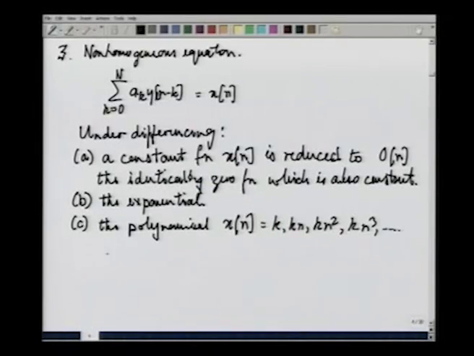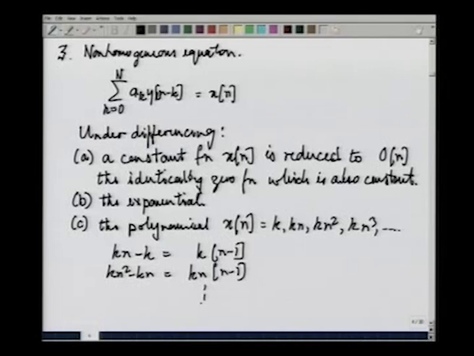k n minus k gives you k into n minus 1. If you take k n squared minus k n, k n minus k will give you k into n minus 1, k n squared minus k n will give you k n into n minus 1, and so on. This is what you will get.